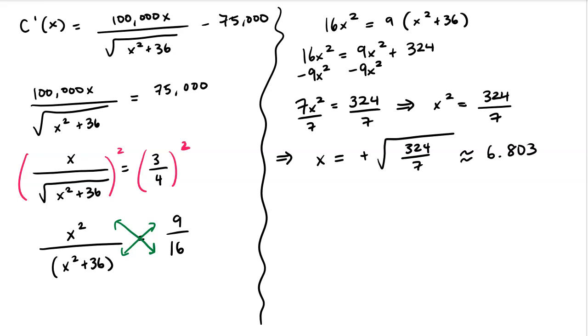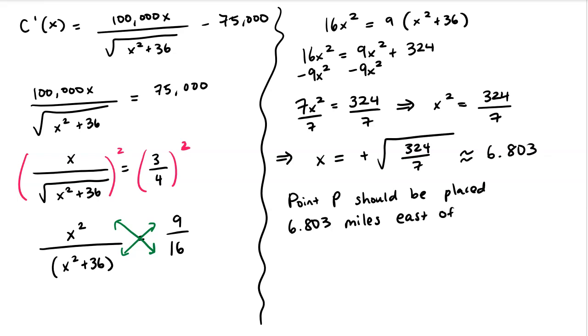So finally, we can say point P should be placed 6.803 miles east of point A to minimize the cost.